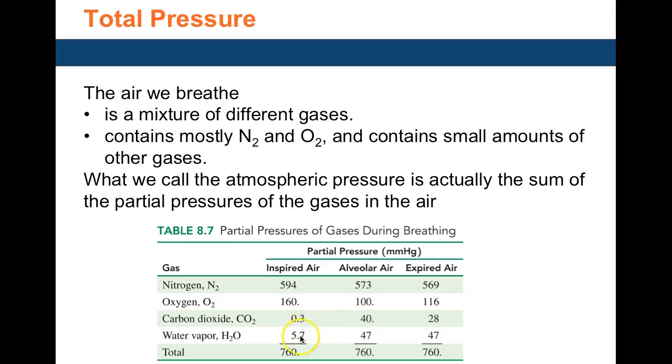Carbon dioxide and water vapor are the rest, in extremely small amounts, especially carbon dioxide, only 0.3 millimeters of mercury, all right?